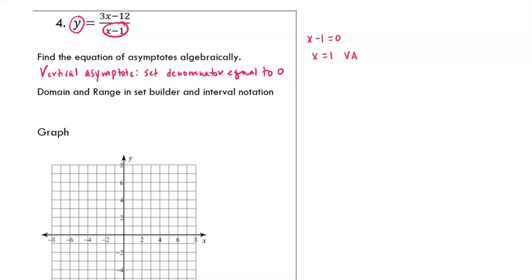Okay, now to find the horizontal asymptote, we have to isolate x. Okay, so to isolate x, we have to solve for x. Okay, we're going to multiply both sides by x minus 1.